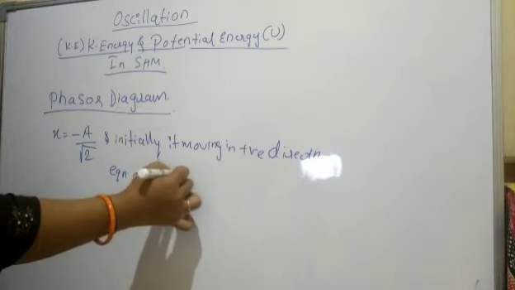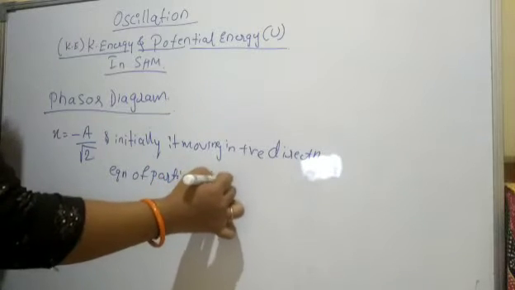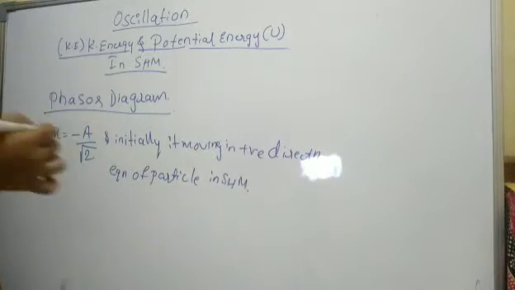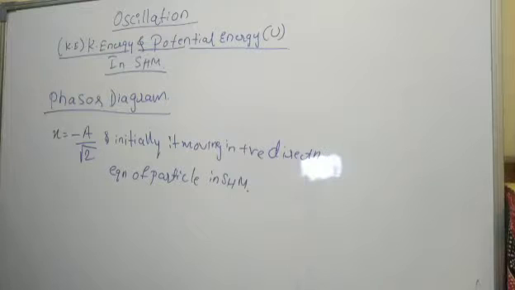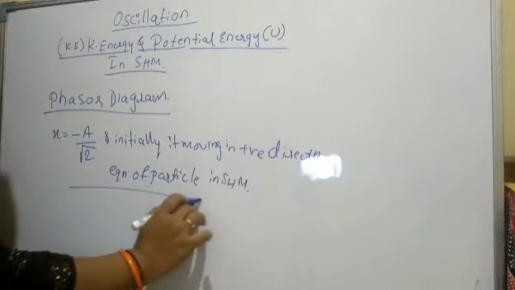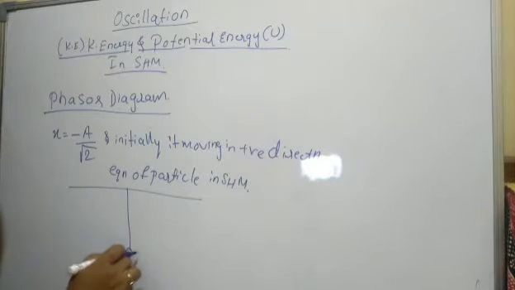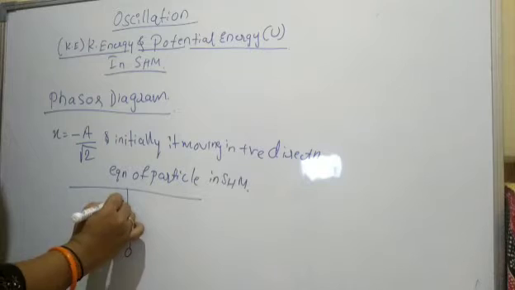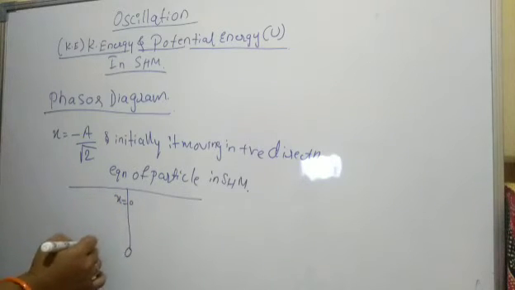meaning in a simple harmonic motion, where the position of the particle is already given as x equal to minus a by root 2. That means we already conclude that the particle is not at the mean position where x is equal to 0.